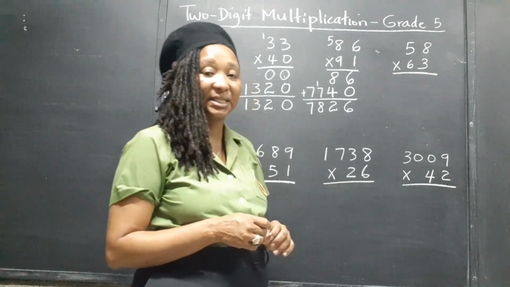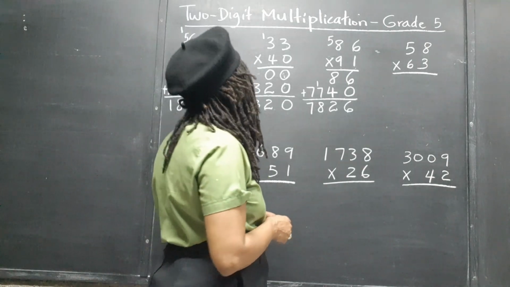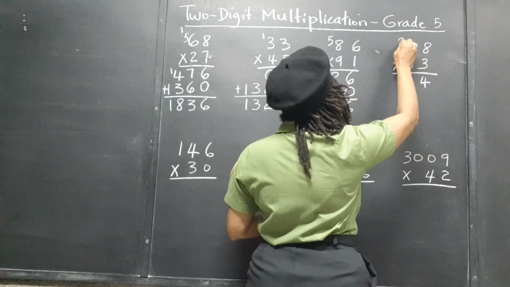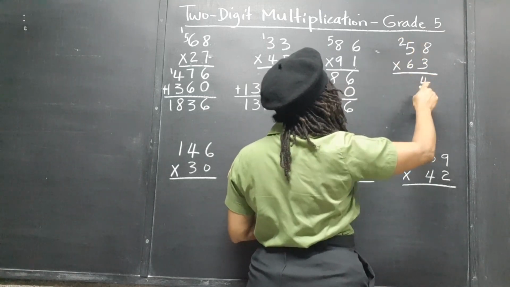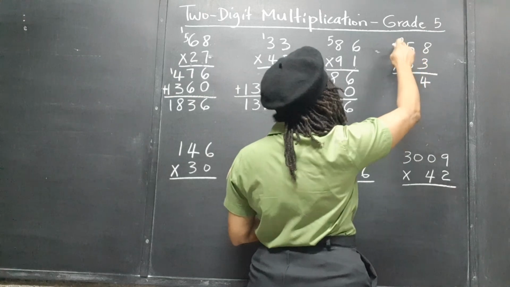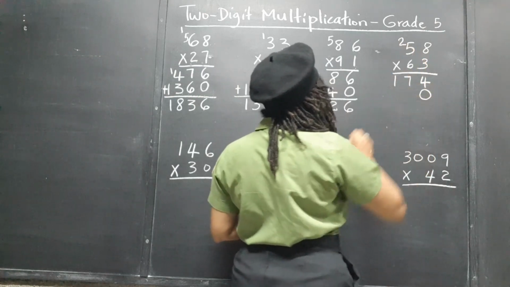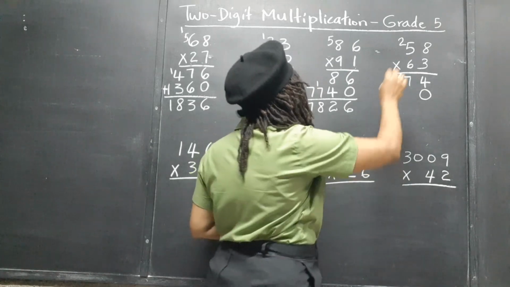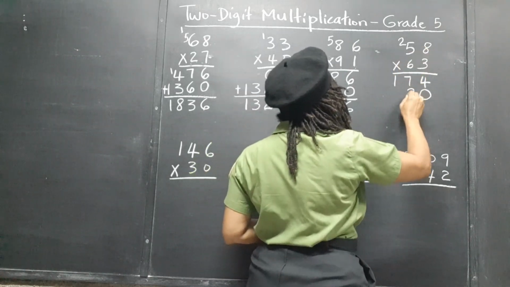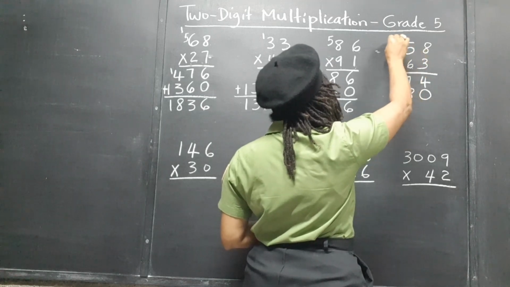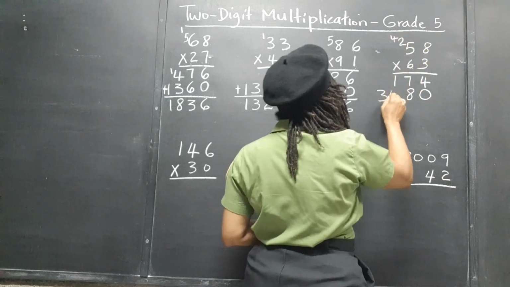58 times 63. 3 8s are 24. That's 2 tens, 4 ones, 3 5s are 15 and 2, 17. Put a 0 at the end. 6 8s are 48, so that's 8, carry 4. 6 5s are 30 plus 4, 34.